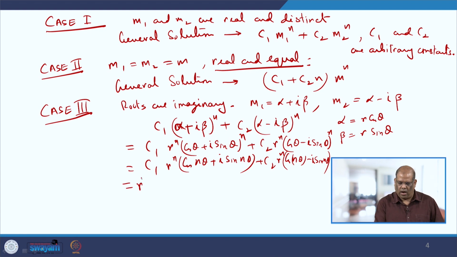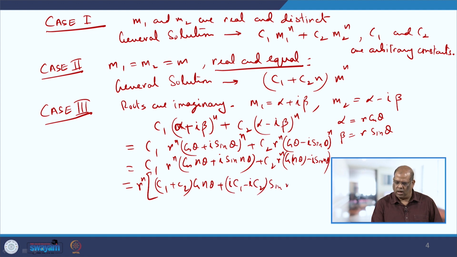So, if I take r to the power n common, inside will be (C1 plus C2) cos n theta plus i (C1 minus C2) sin n theta.